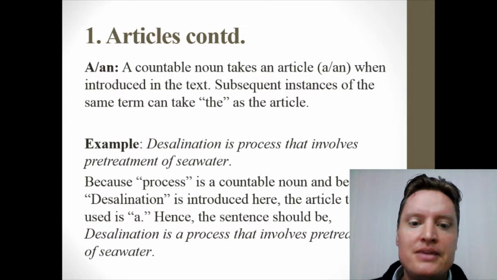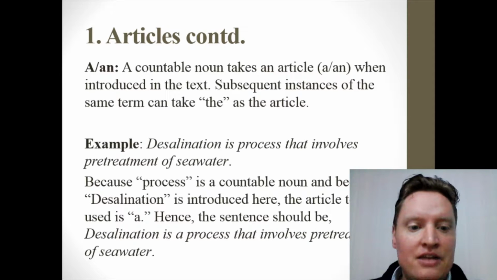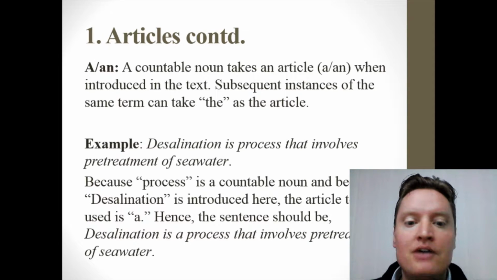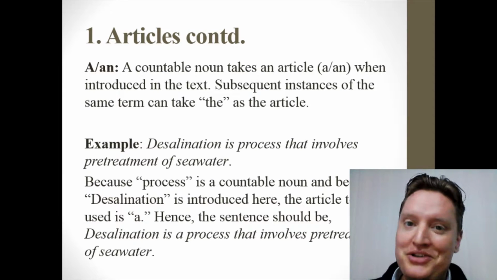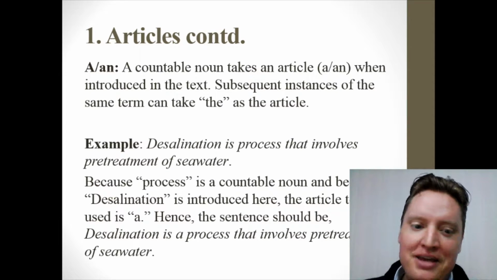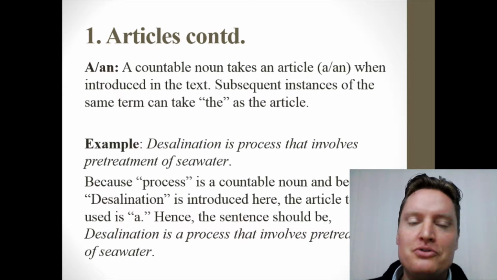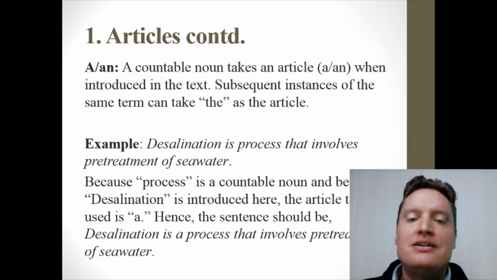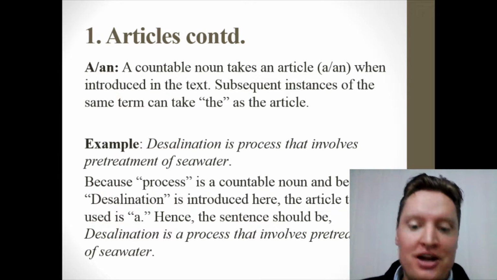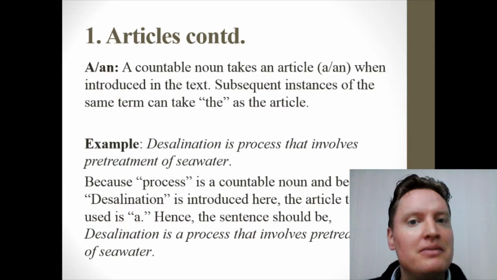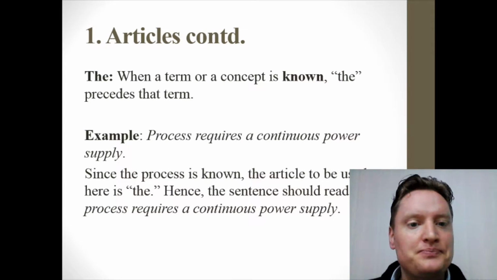Here's an example. Desalination is process that involves pretreatment of seawater. Because process is a countable noun, and because desalination is introduced here, the article to be used is a. Hence, the sentence should be, desalination is a process that involves pretreatment of seawater.